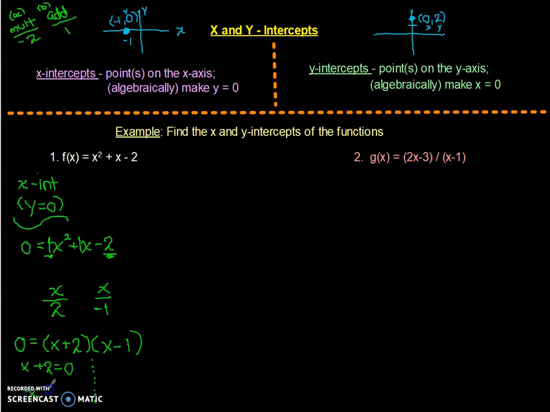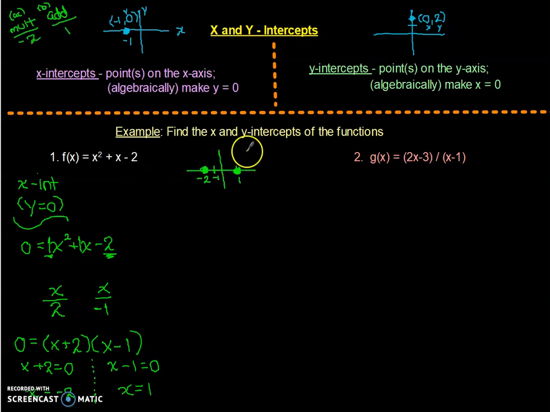And I'll get x equals -2 and x equals 1. That means if I were to start graphing this quadratic function, the 2 points on the x-axis would be at -2 and at 1. So it just helps you find distinct points within your graph.